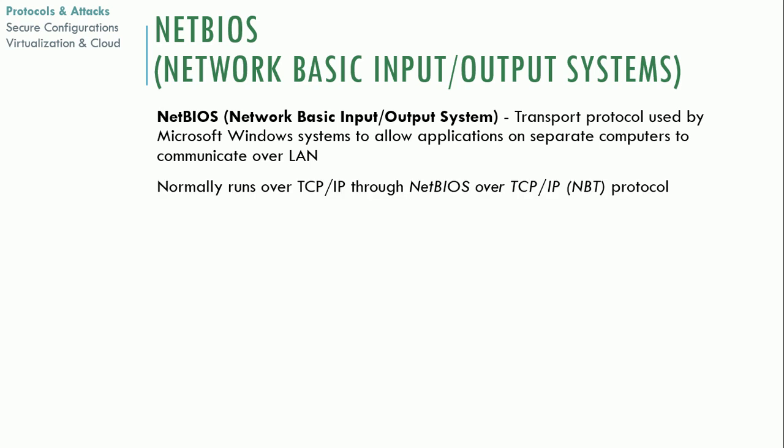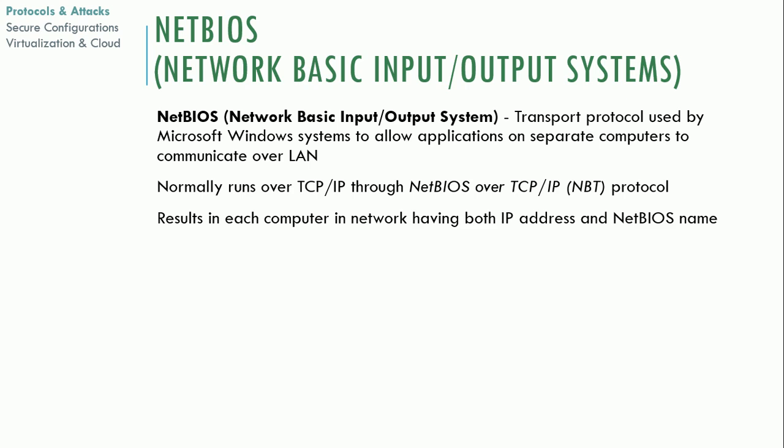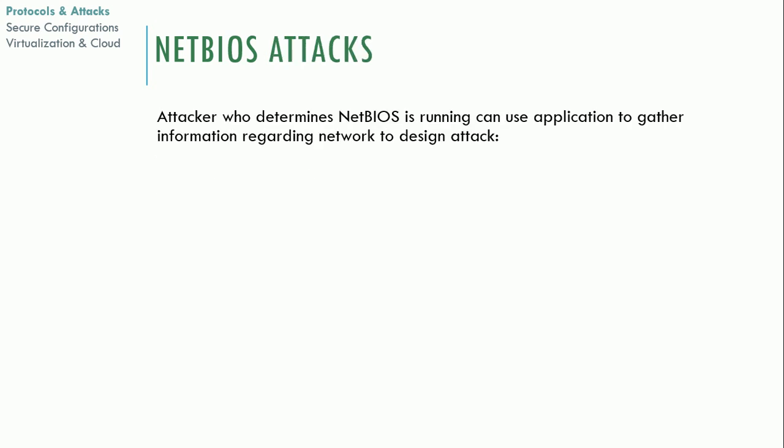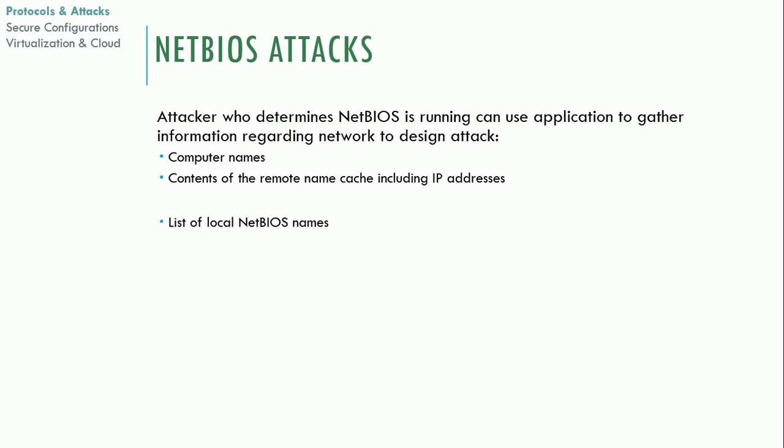It runs over TCP/IP, so it does use TCP/IP. Each computer in the network has both an IP address and a NetBIOS name, but there are various attacks. For example, attackers can use computer names and the contents of a remote name cache, including IP addresses. They can get a list of local NetBIOS names by simply running the query on their machine for NetBIOS.